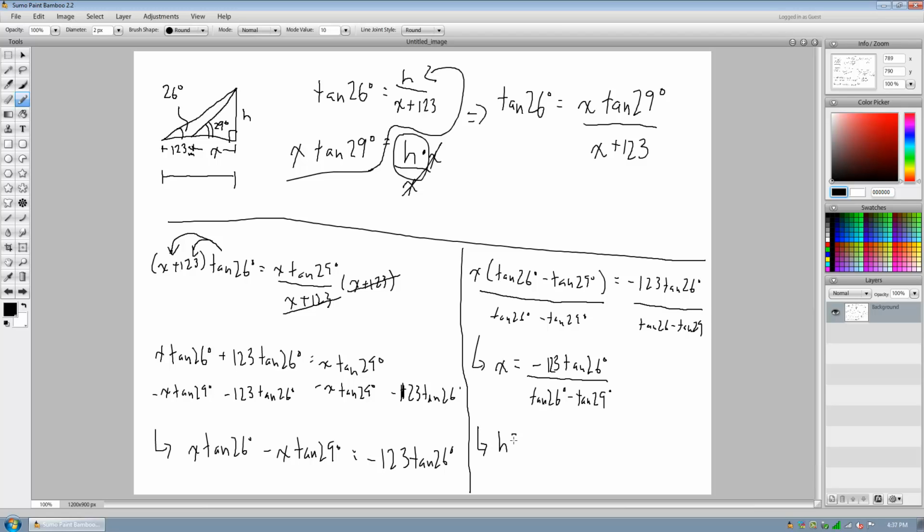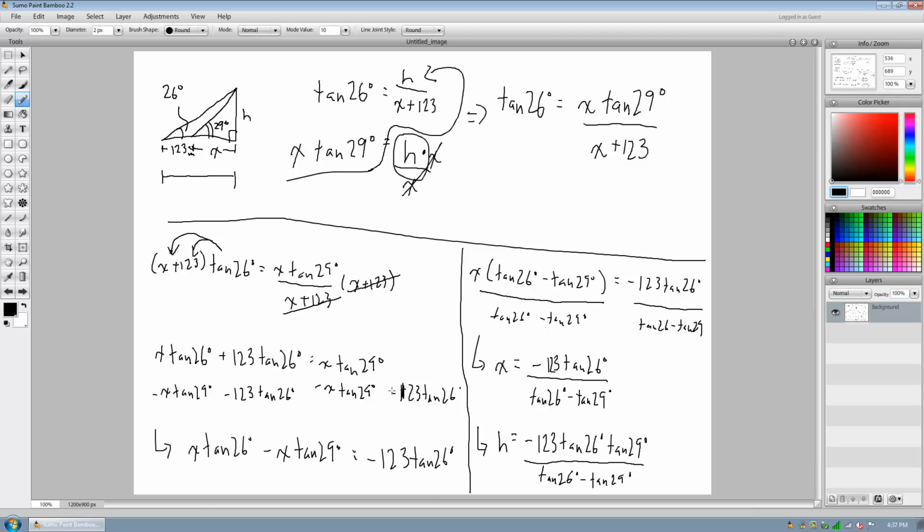So I'm going to have h is equal to negative 123 times the tangent of 26 times the tangent of 29 divided by the tangent of 26 minus the tangent of 29. So there's my formula, and now I just have to calculate.